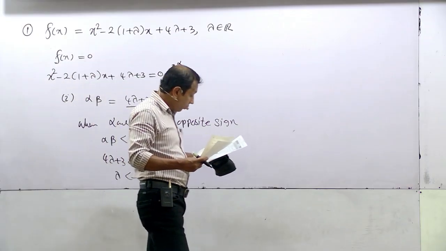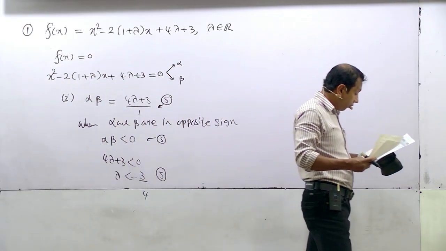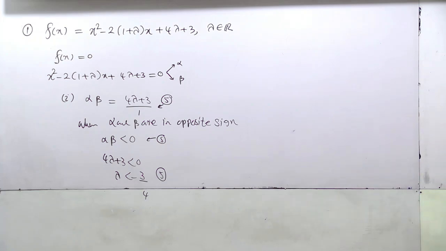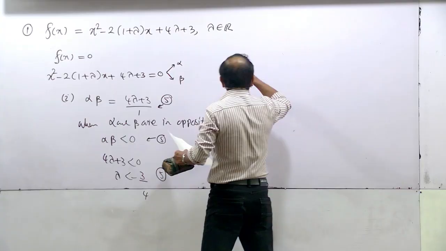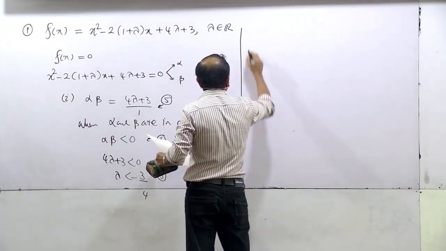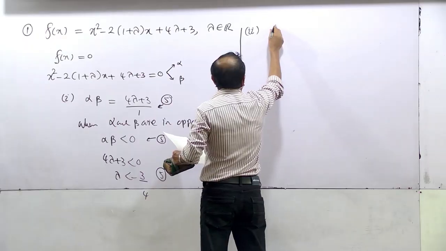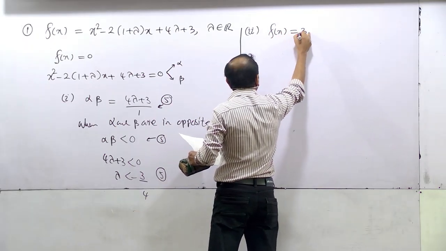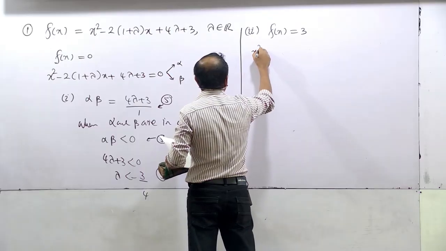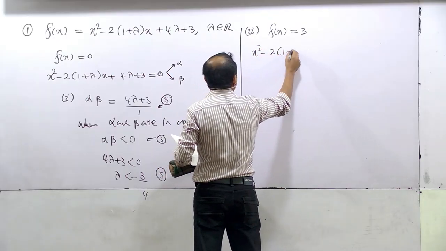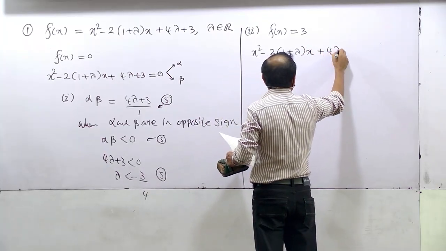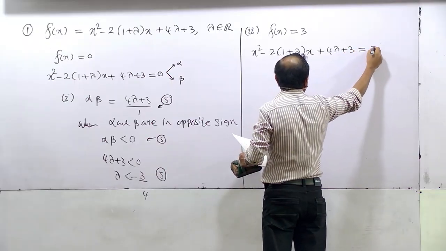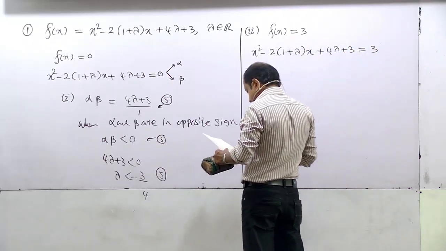Next one: show that for all real values of lambda, the roots of the equation f(x) = 3 are real. Let's see what the equation f(x) = 3 is. f(x) is x squared minus 2(1 + lambda)x plus 4 lambda plus 3, and f(x) = 3.